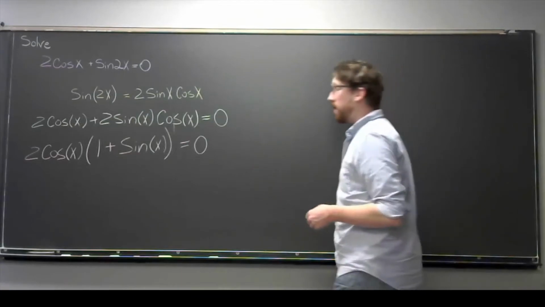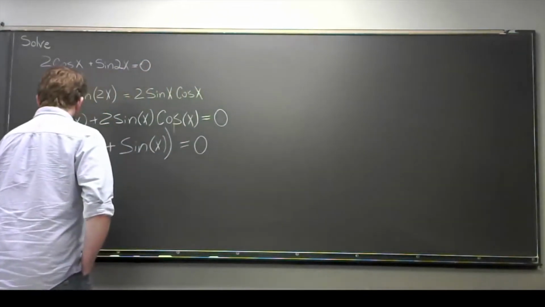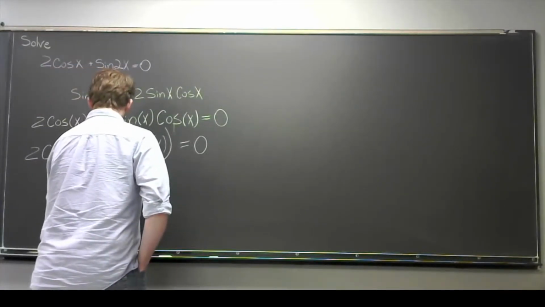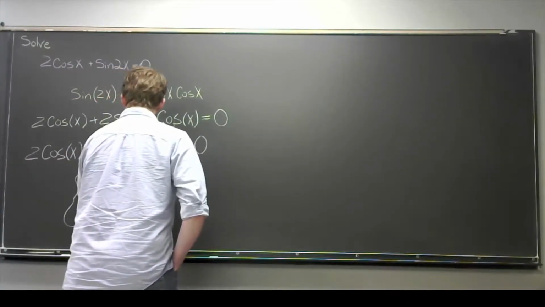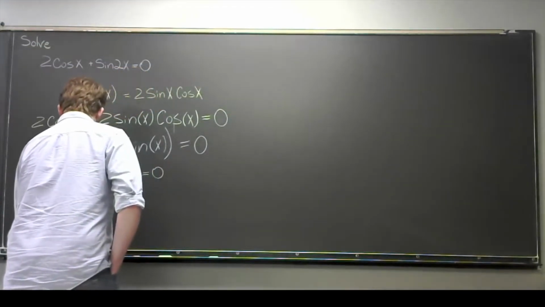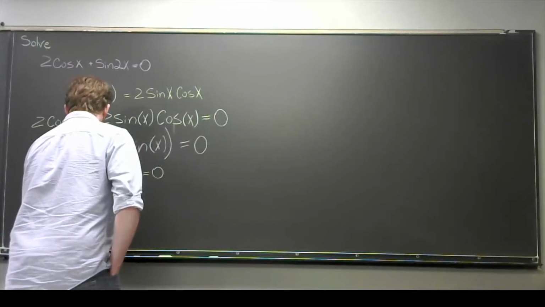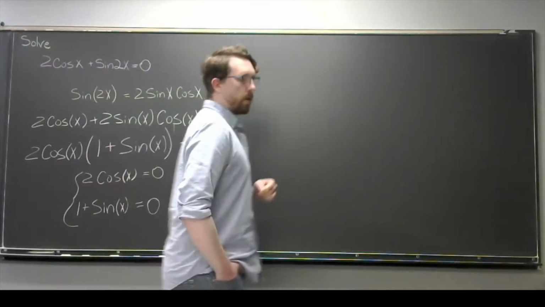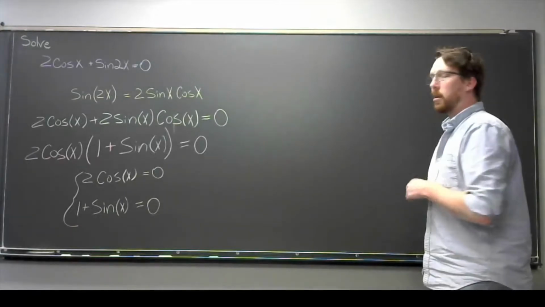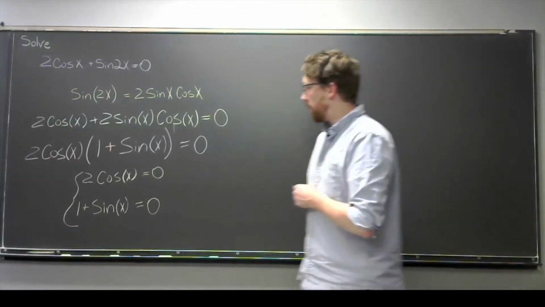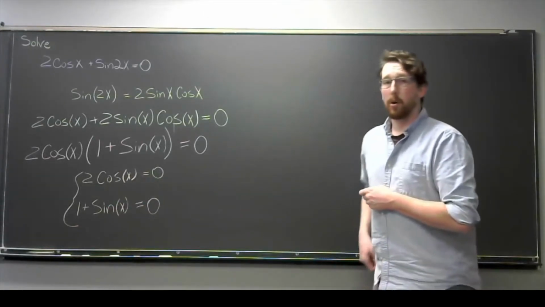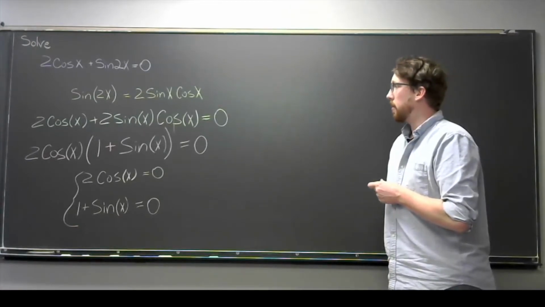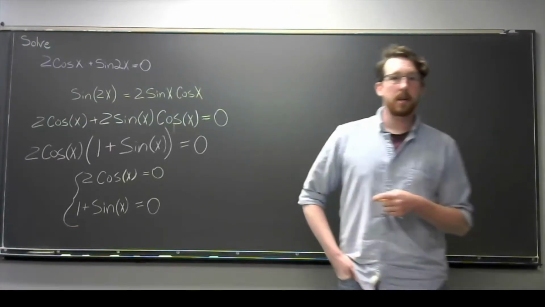Now we know from previous examples that this must mean either 2 cosine of x is equal to 0, or 1 plus sine of x is equal to 0. We know how to solve these though. We've done these a bunch of times now, so I'll leave the rest as an exercise for y'all to complete. Having said that, let's move on to the next example.